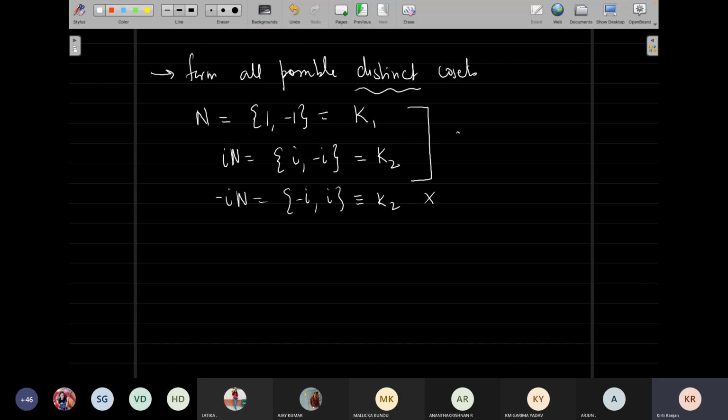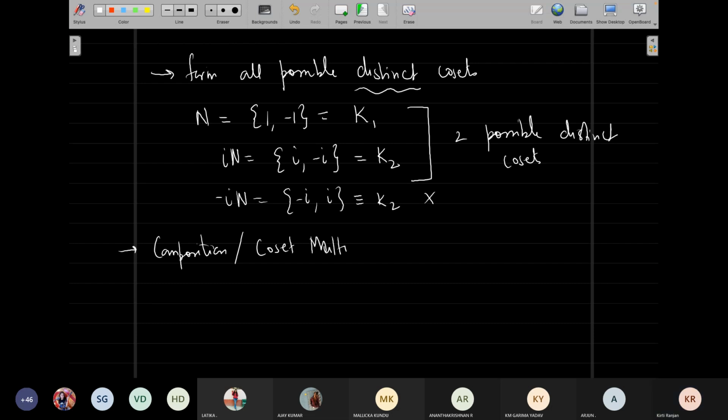So two possible distinct cosets. Fine. Now I define an interesting word called composition, or sometimes also called coset multiplication. So let me define that.